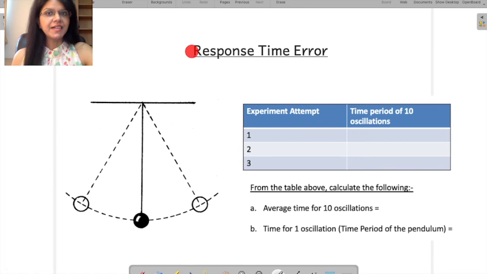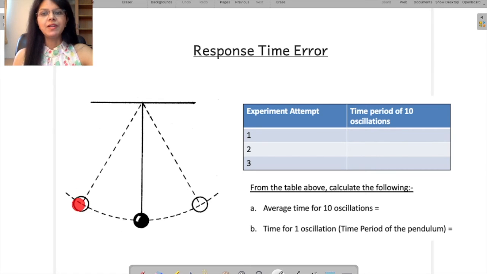So now the third kind of error that we have to understand is the response time error. Let us understand it with the help of an example. Suppose that you are given a pendulum and you have to find its time period. What is time period? The time period of the pendulum is the time taken for the pendulum to complete one oscillation, right?